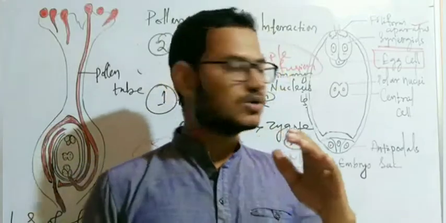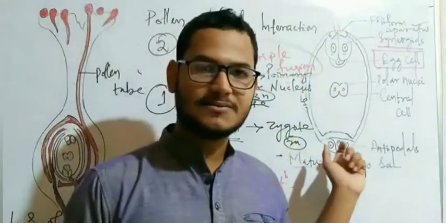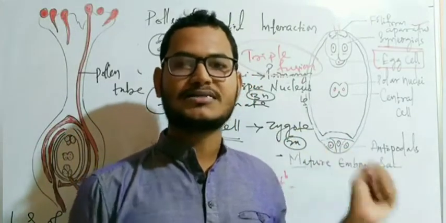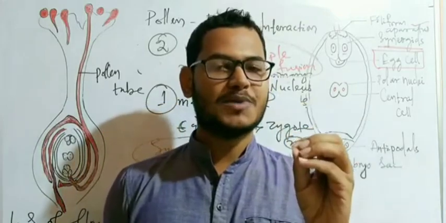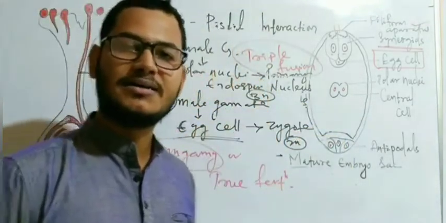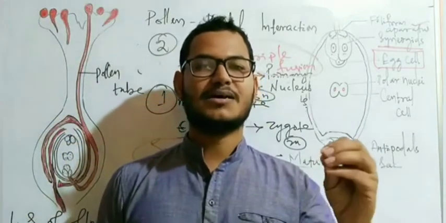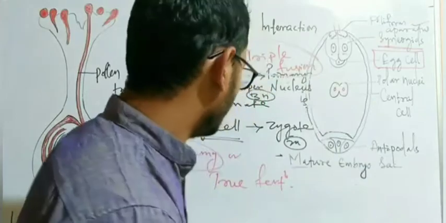Remember, the zygote after its formation develops into the embryo, and after the triple fusion, the primary endosperm cell produces the endosperm, which provides the nutrients. This double fertilization is a unique process in flowering plants.